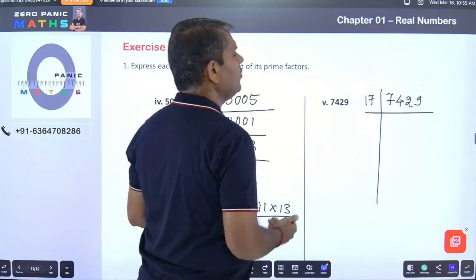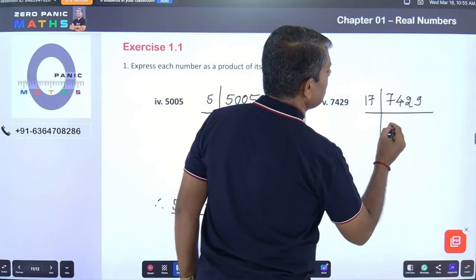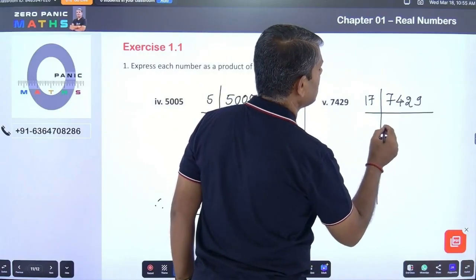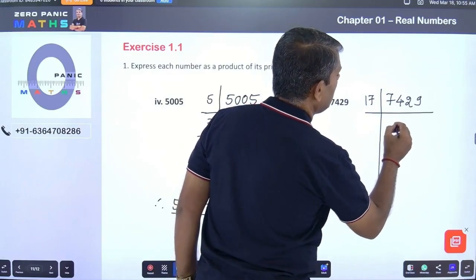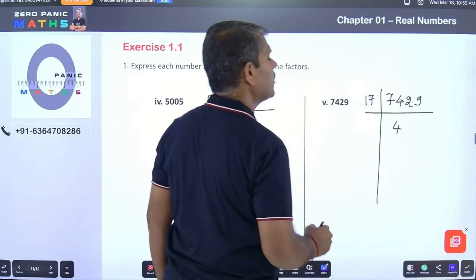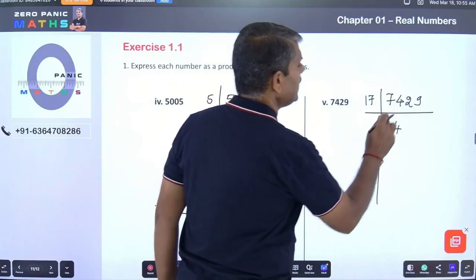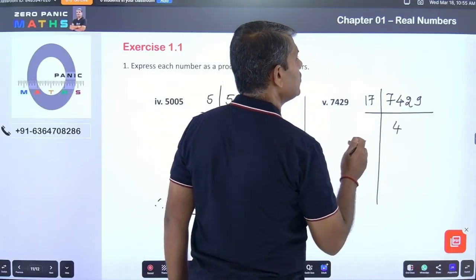So let us continue with the prime factorization of this. 17 twos are 34, 17 threes are 51, 17 fours are 68. Okay, it is nearer to 74. 17 fours are 68, 6 remains, it is 62 and 62.